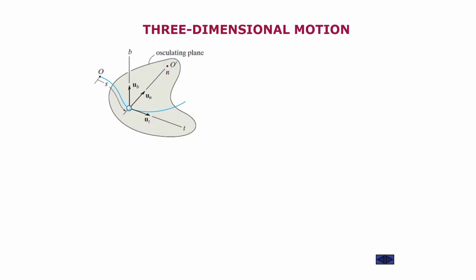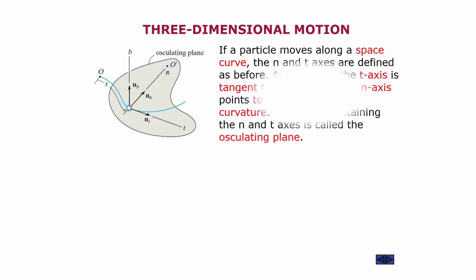If it is three-dimensional, now what we have done here, wherever you have normal and tangential components only, that is two-dimensional. So if it is three-dimensional, then you have to refer to another axis, that is b.